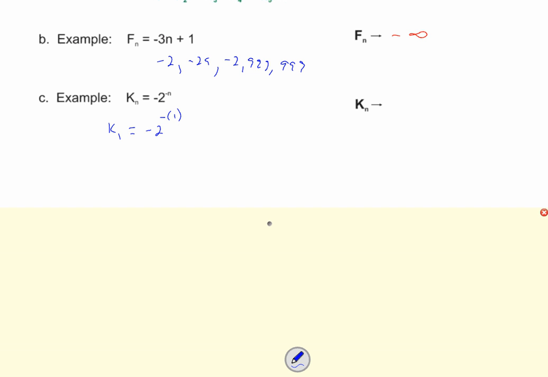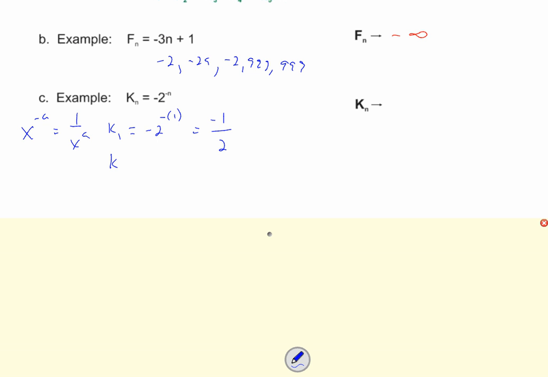Remember negative exponents, right? So this is -1 over 2, right? -1/2. X to the -1 equals 1 over x, right? X to the -a equals 1 over x to the a. You can't forget your rules, folks. That's why they're on every test.